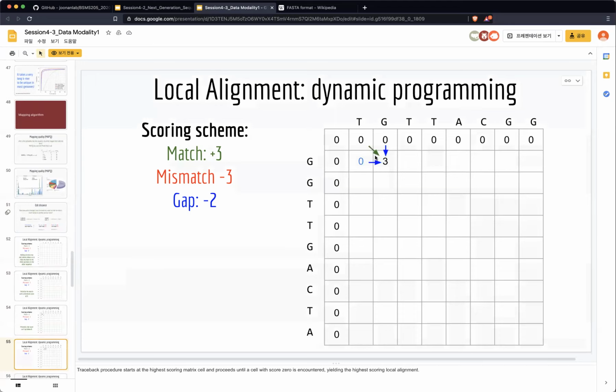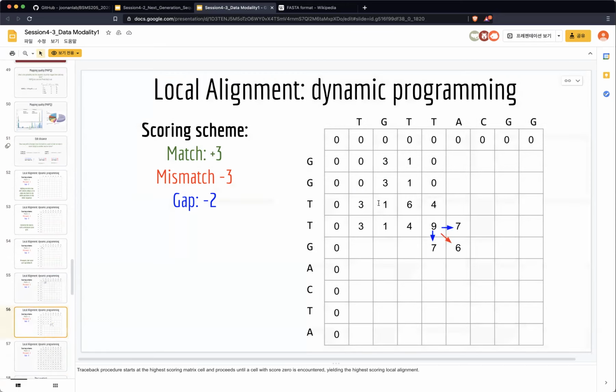And then once it's matching, so G and G is matching, then we put the match score, so +3 here, right? And the next one, we can keep that calculation. So G and T, this is not a match, but we can expect a match at the next time. So we put the gap -2, and that's sort of the same situation.